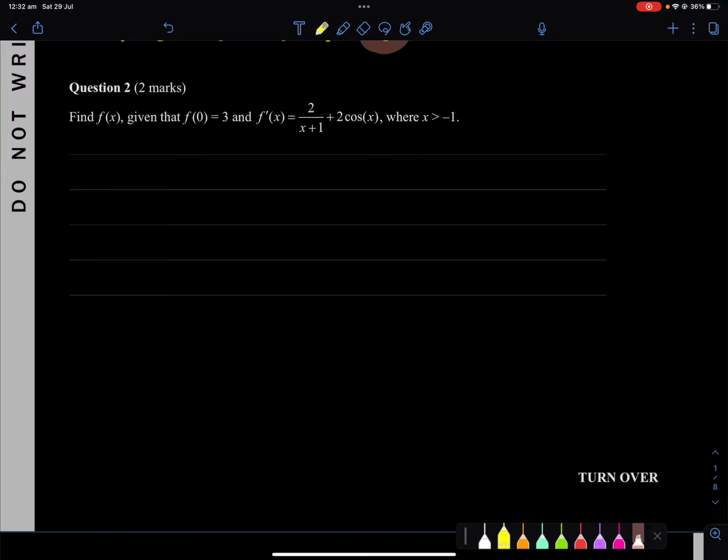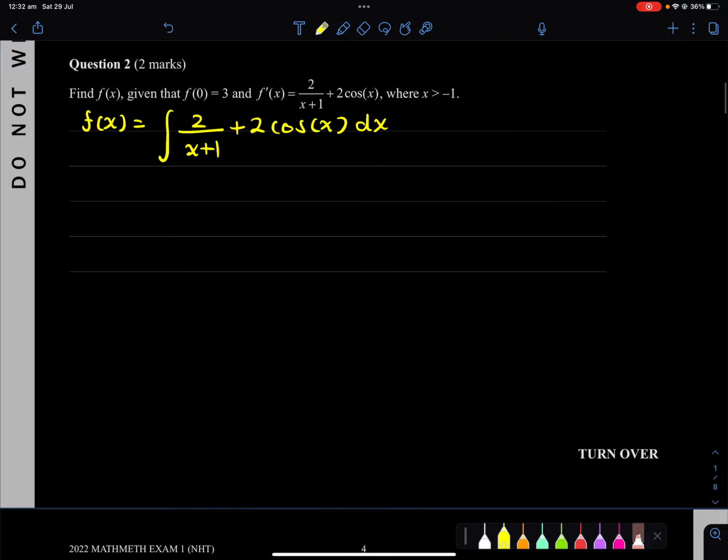Question 2. Okay, f of x is given by f of 0 equals 3, and f dash of x is this, where x is greater than negative 1. So what we're going to do is find f of x. So f of x is equal to the integral of 2 over x plus 1 plus 2 cos x dx.